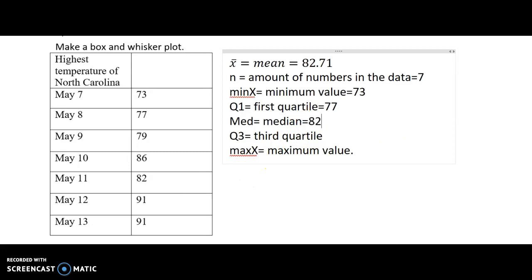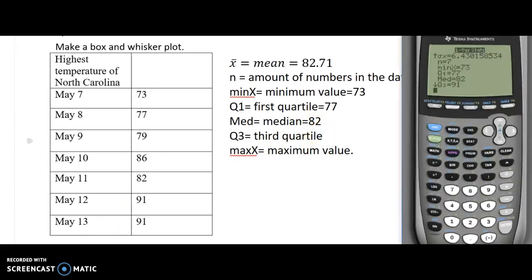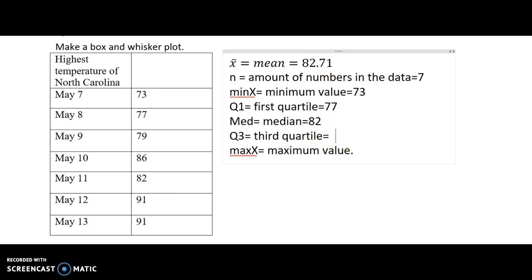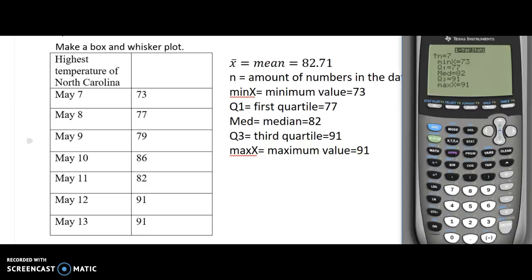Again, we did not have to do any of that by hand, thank God. And quartile 3 is 91. So the third quartile is 91, which also happens to be the max X. So the max X is also 91. And so now with this information, we can build our box and whisker plot.